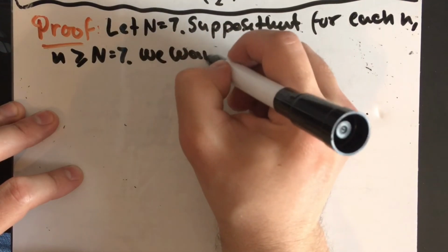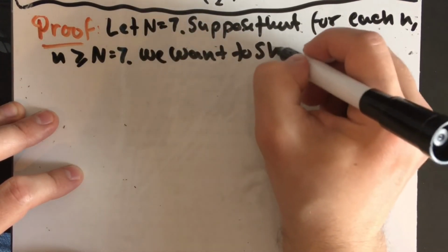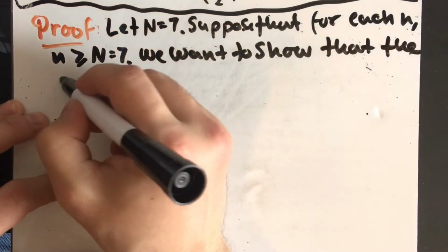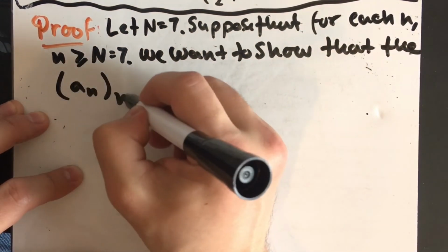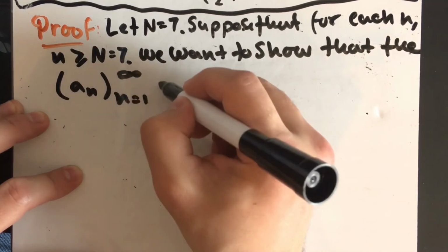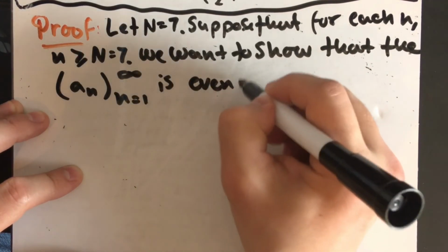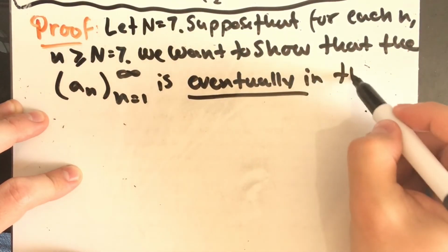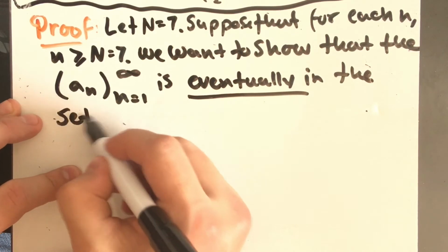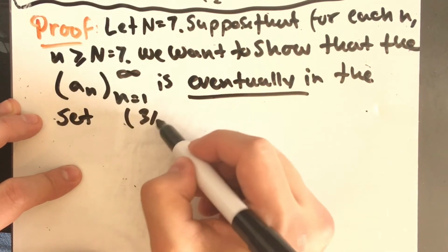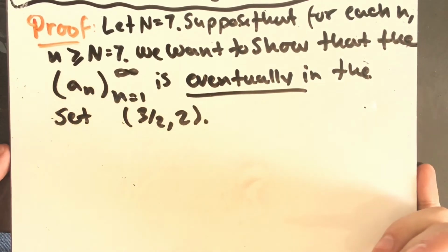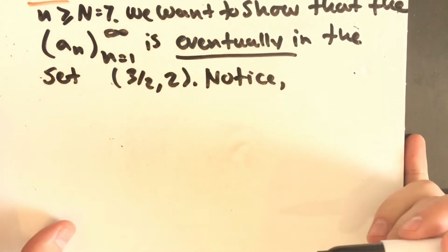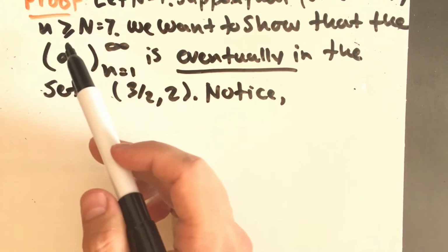We want to show that the infinite sequence a sub n is eventually in the set 3/2 to 2. So notice we could use the inequality n is greater than or equal to 7.